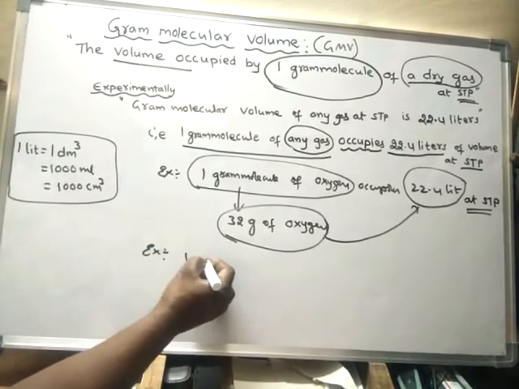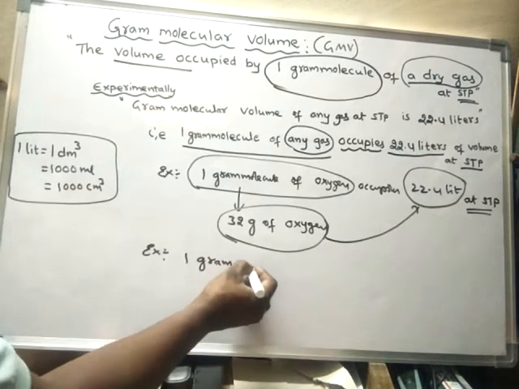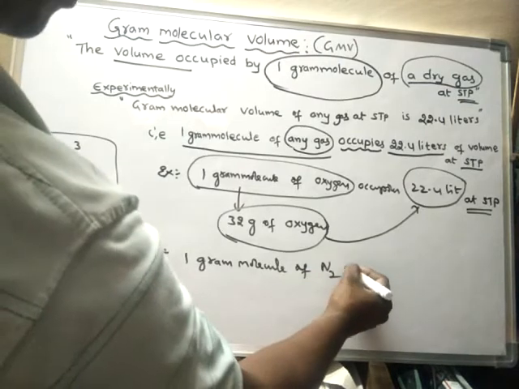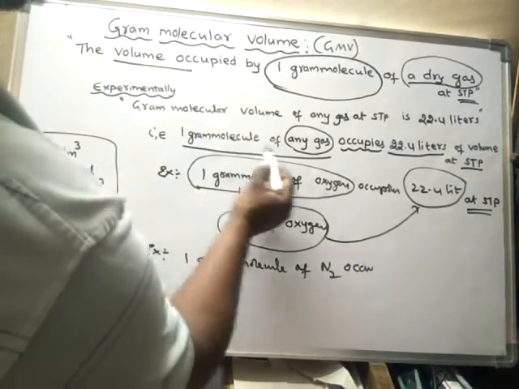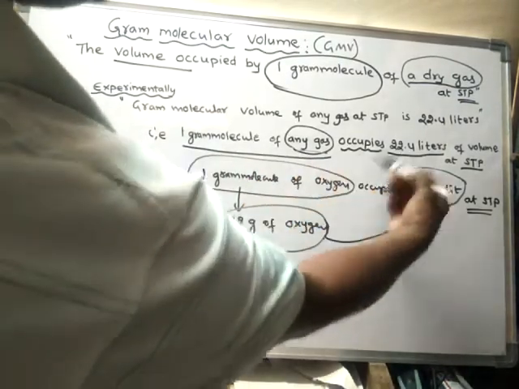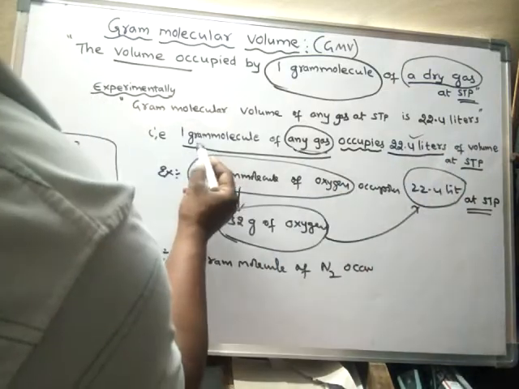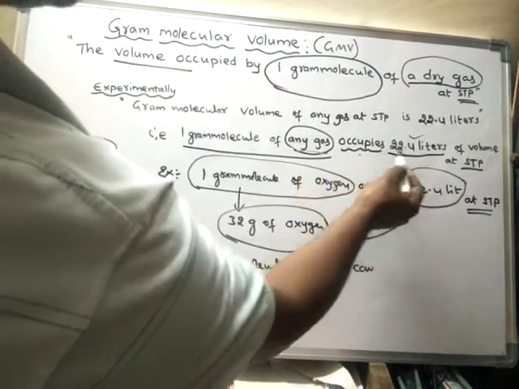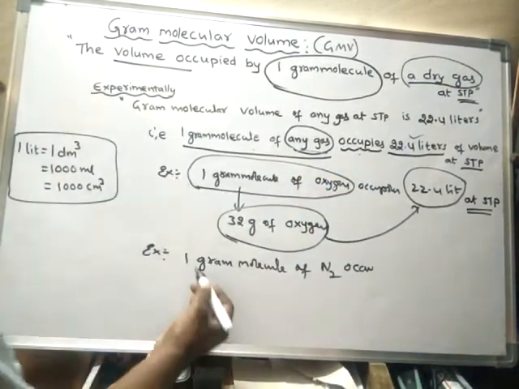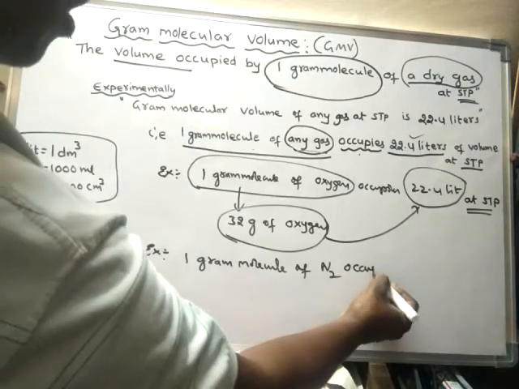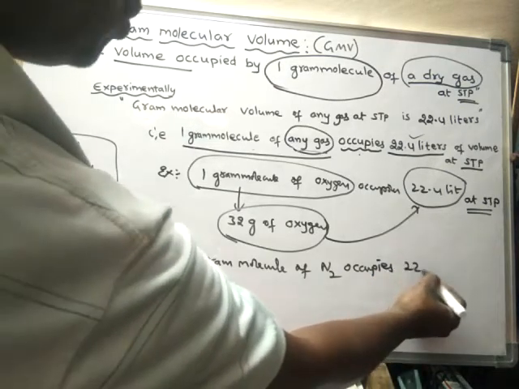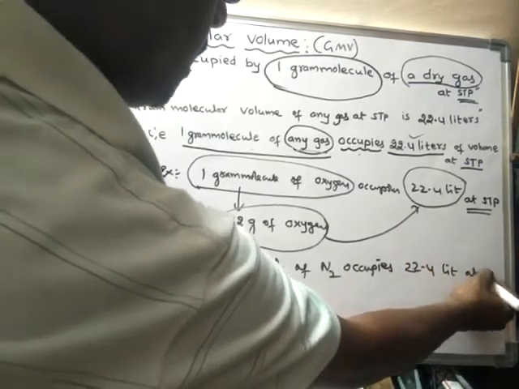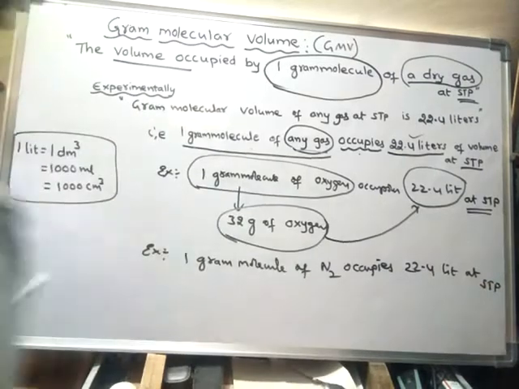Suppose it is nitrogen gas, let us take another example. 1 gram molecule of nitrogen occupies, see here, 1 gram molecule of any gas occupies 22.4 liters. So this is fixed. If you take 1 gram molecule of any gas, it occupies 22.4 liters. Hence 1 gram molecule of nitrogen also occupies 22.4 liters at STP condition.